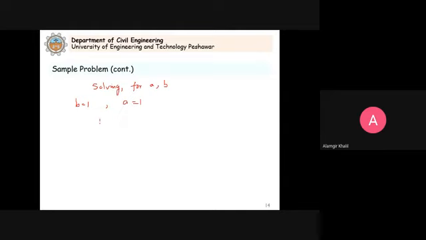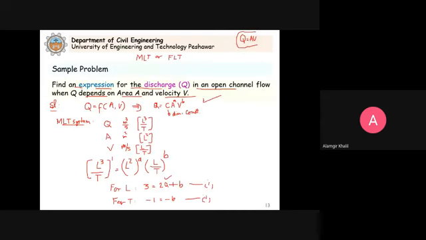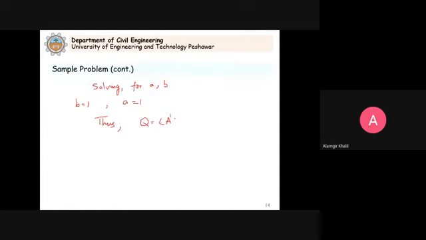So thus, Q was equal to C, and this was equal to area A to the power a. So what is that? 1. From here you see A to the power a is 1 and V to the power b, so that b is equal to 1.